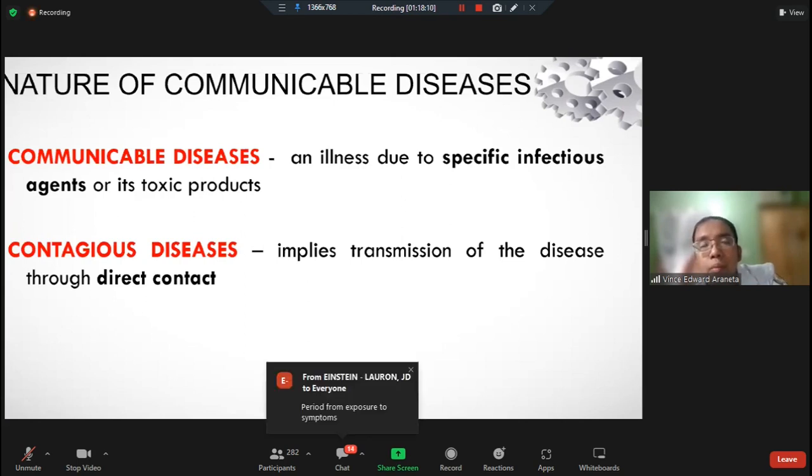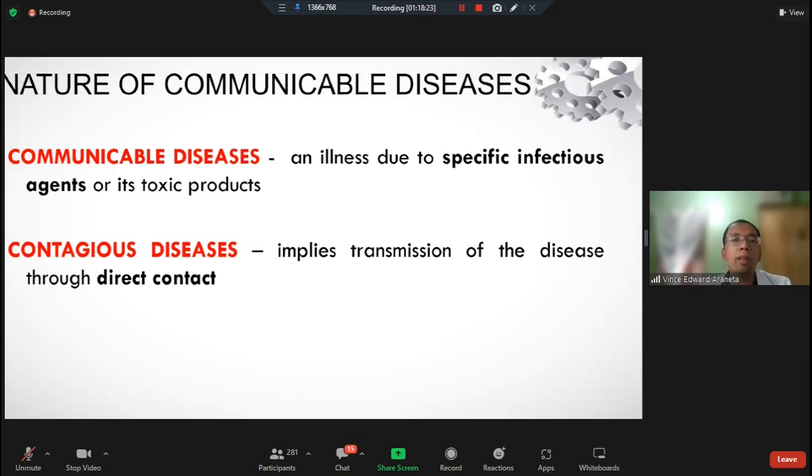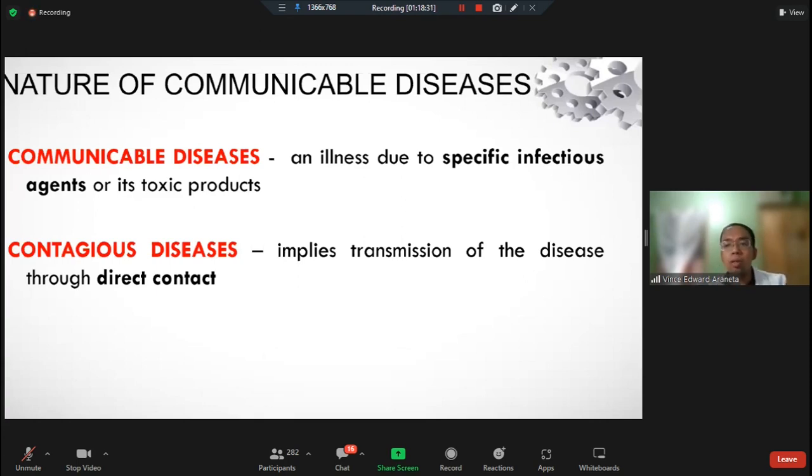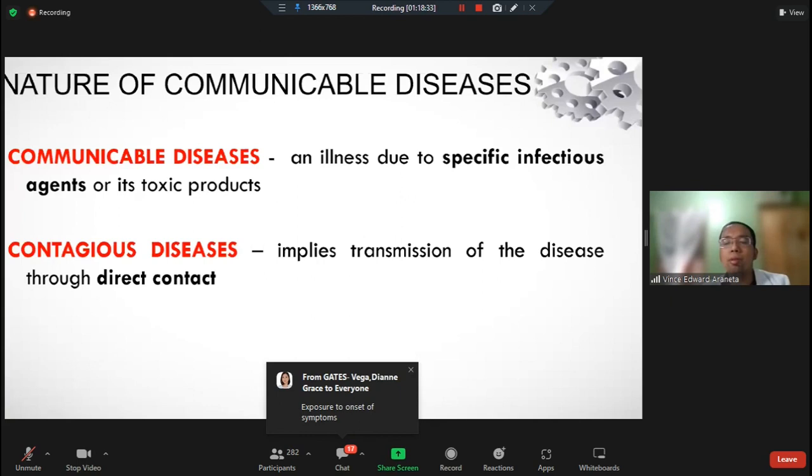It might not be from year to year, but I think during our time it was 2013 and 2016, and even the recent 2021 has asked about incubation period. So yes, the period from exposure to the onset of signs and symptoms. Always remember that. It's a sure point.